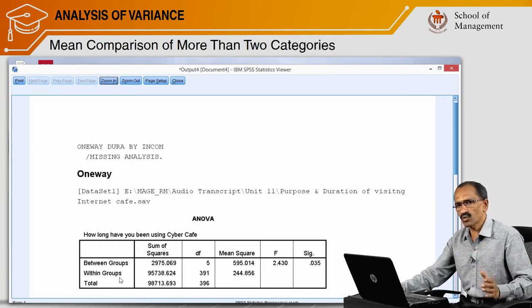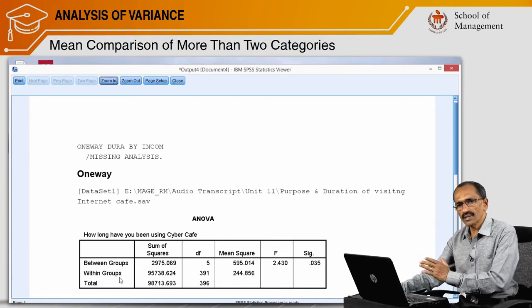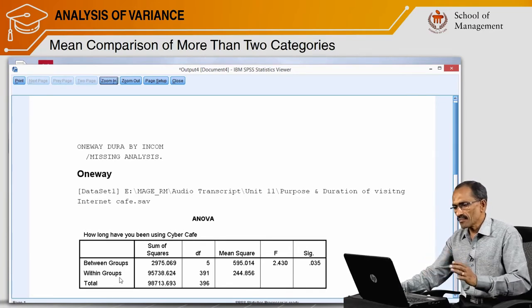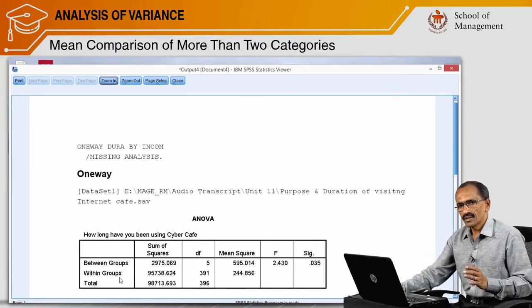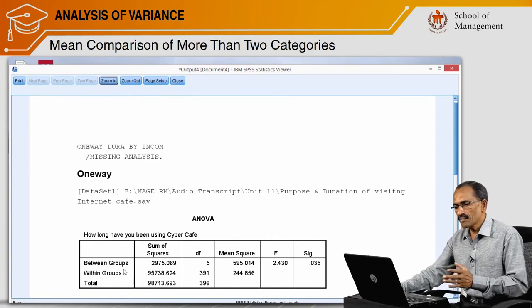Or otherwise, first group 4, second group 3, and third group 3. And we are comparing their average weight. If within the group their weights are equal, definitely there will be differences in the average weights across the categories. That is the implication of between group and within group.